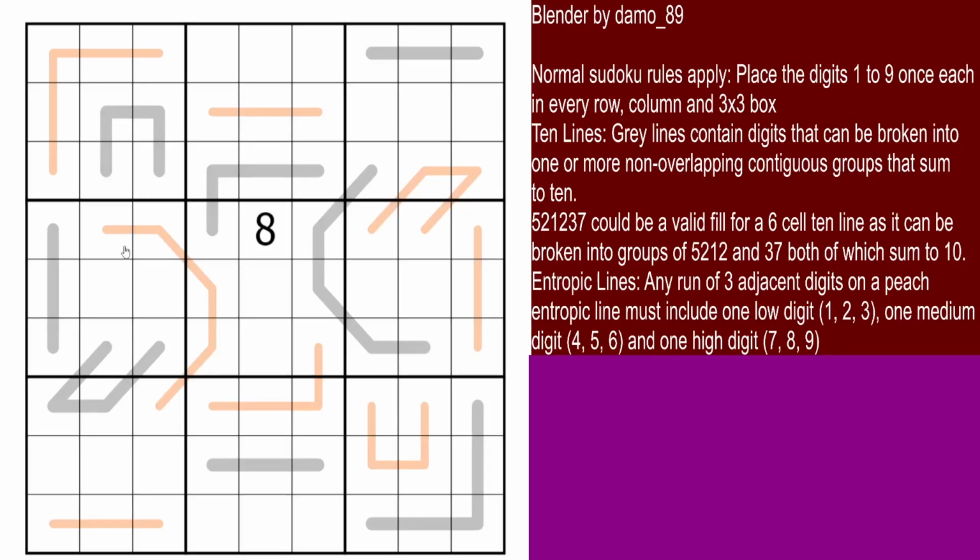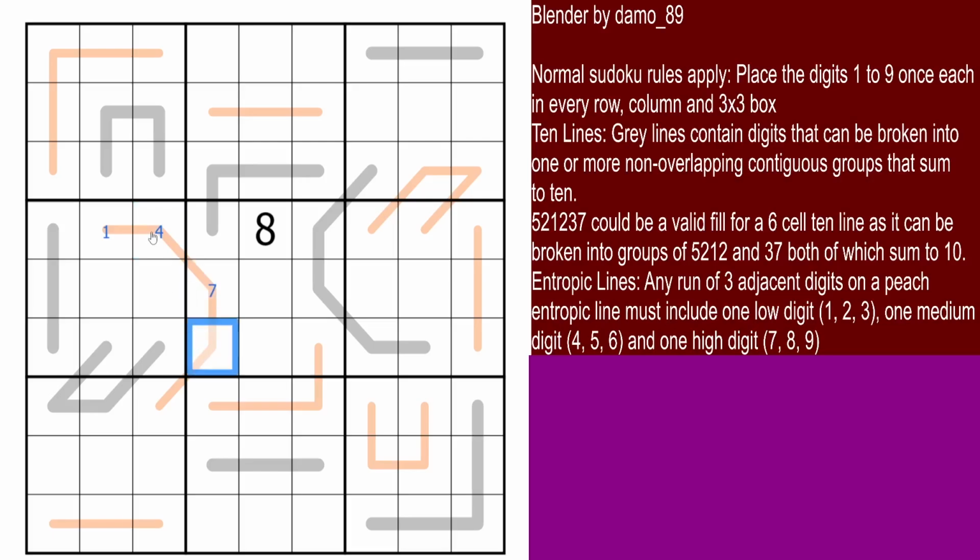About these entropic lines, what will happen is that any 3 digits contain one digit from each entropy group, either low, middle, or high. Let's say this is one of the low digits, this is one of the middle digits, and this is one of the high digits.